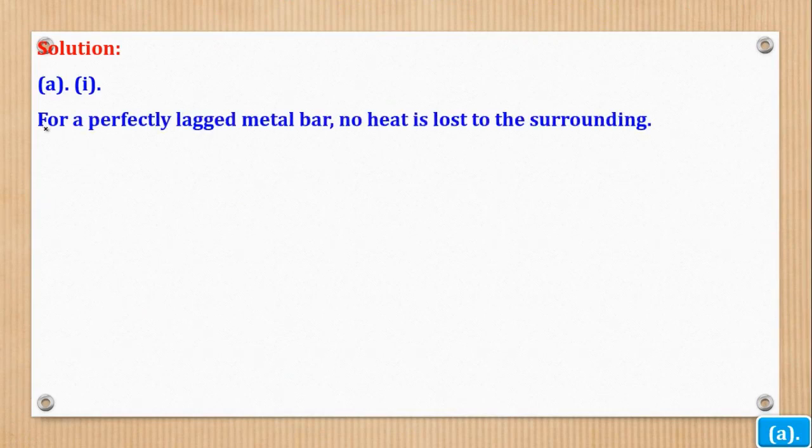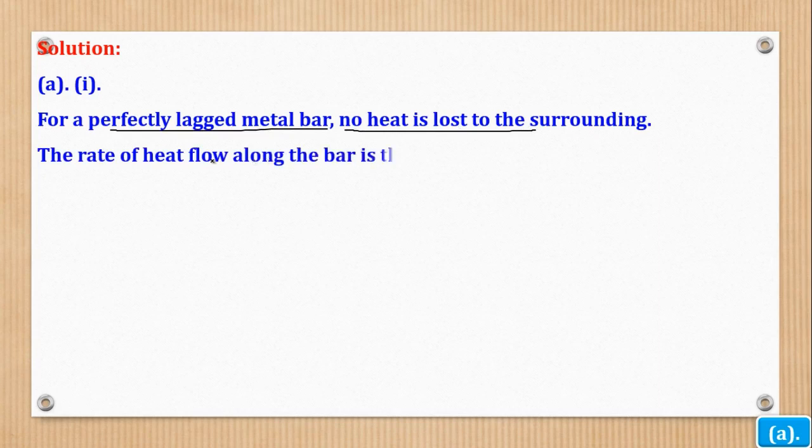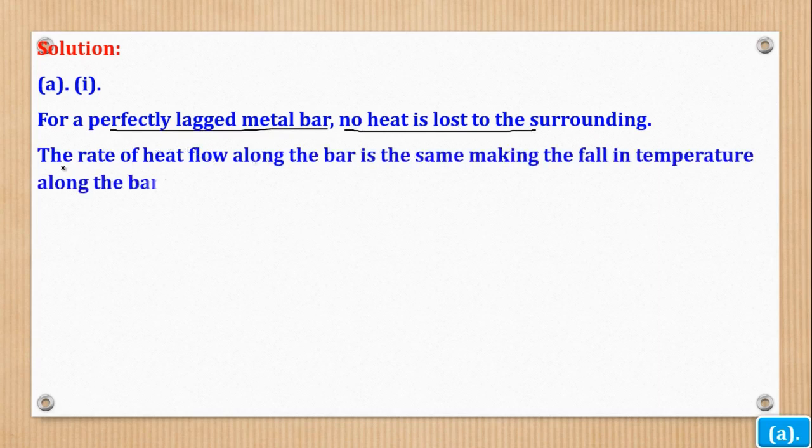So I shall say that for a perfectly lagged metal bar, no heat is lost to the surrounding. So when you know that, we shall say that the rate of heat flow along the bar is the same, making the fall in temperature along the bar uniform.